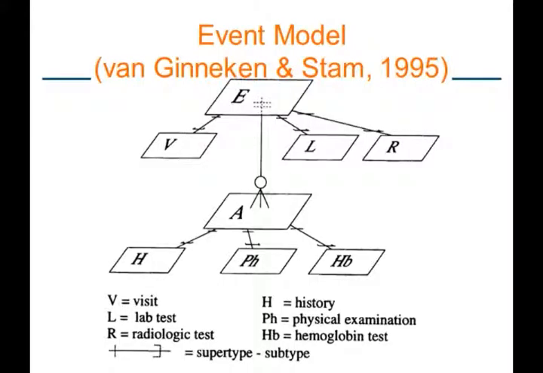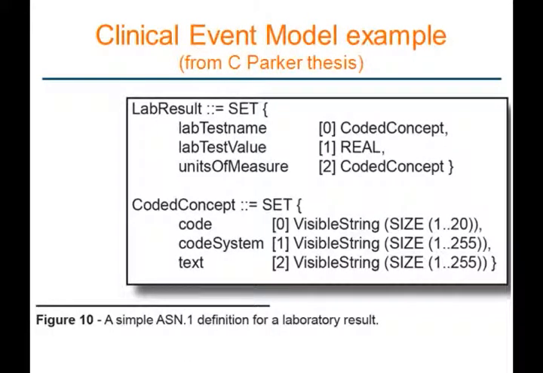So this is similar to the event model, and here's more detail of the event model that I mentioned before that was described by Ginnikin and Stam, where you can have events around visits and laboratory results, but then you can have these different actions, which may be a history or physical examination or hemoglobin tests. These are all one-to-many relationships in children, supertypes and subtypes, etc. In the clinical event model, this is information taken from Craig Parker's thesis when he was working at Intermountain Healthcare.